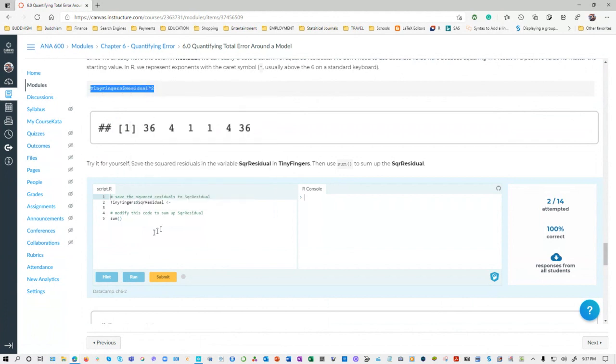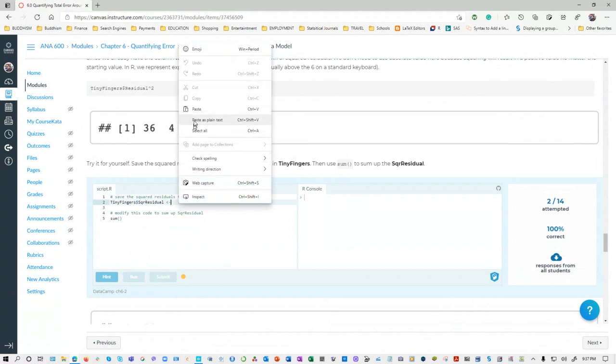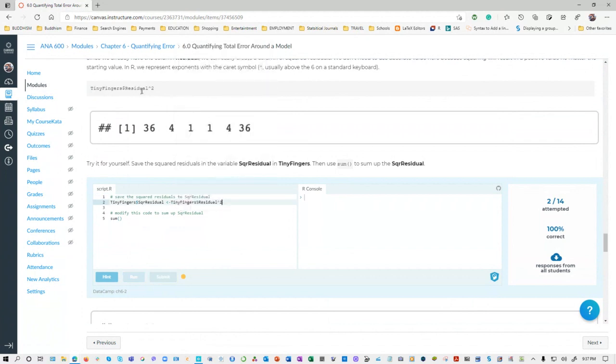You ran the model, then you got the residuals, squared the residuals, and found the sum of them. Even though you run everything by code, rather than going one by one, it's still a process.